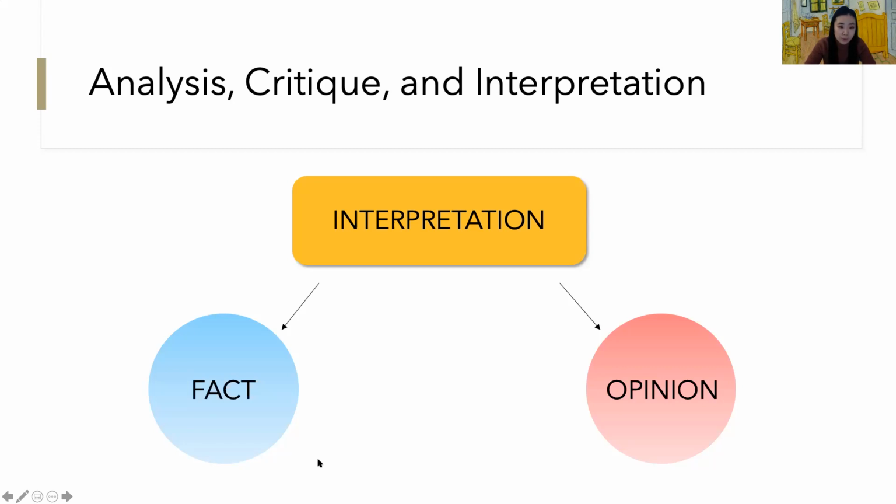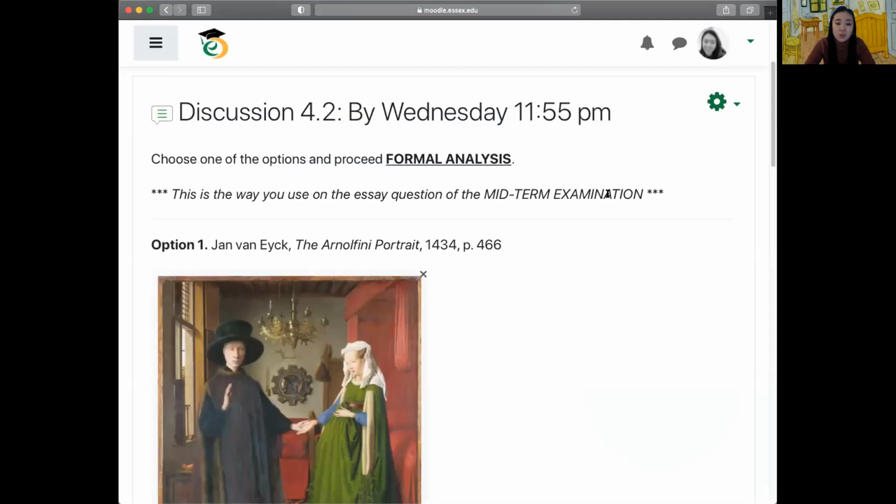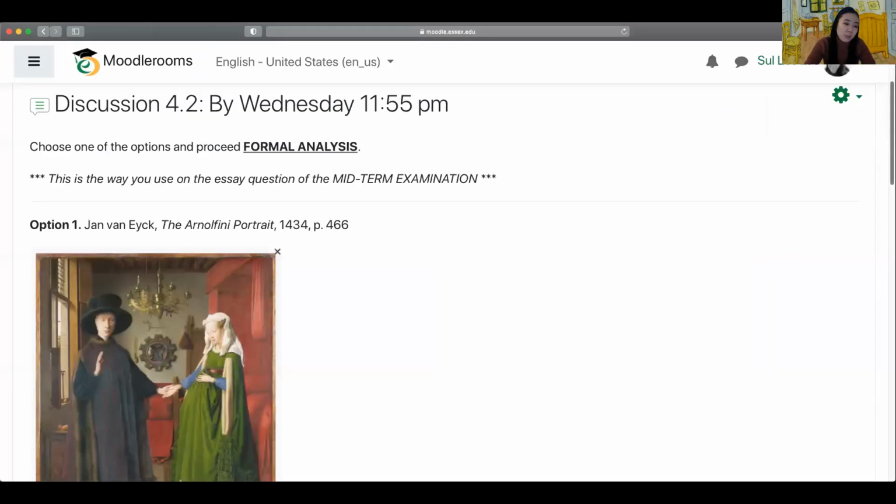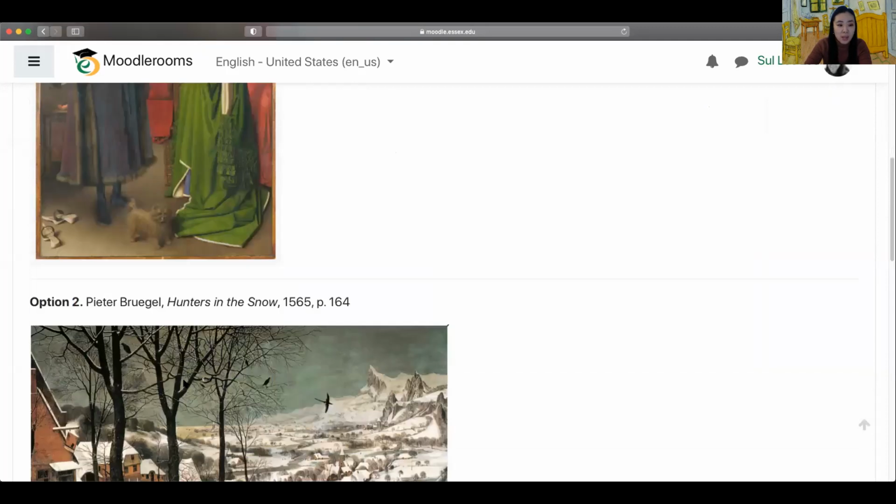So today we have a discussion related to this chapter, which is very important for the midterm. You're going to proceed with a formal analysis of one of these works.